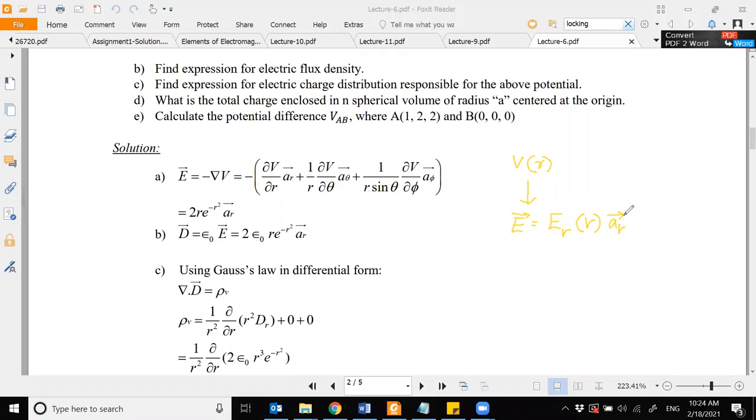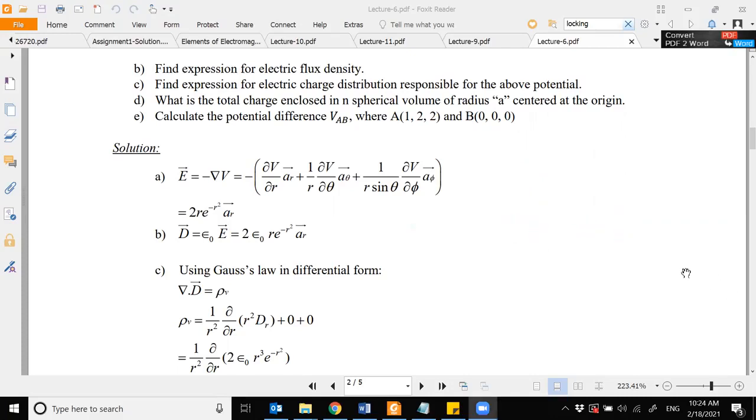So this is what we need to know. In this example, we went from here to here. In the Laplace equation, we will try to identify how the electric field will be, and from there we will know which spatial coordinates our potential will be a function of.